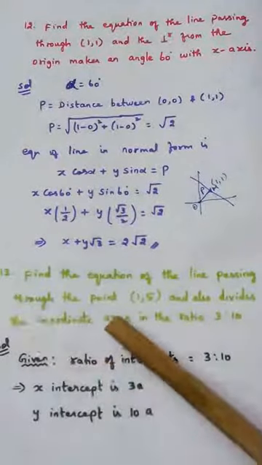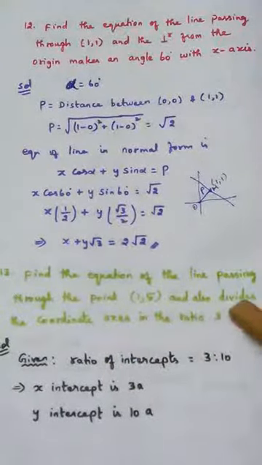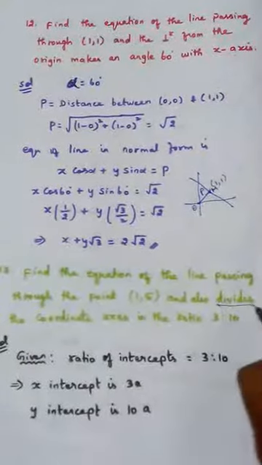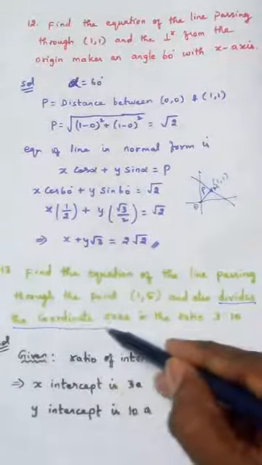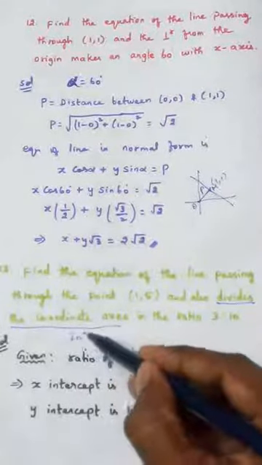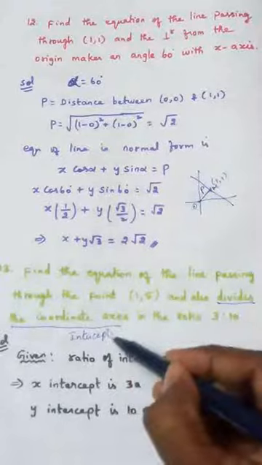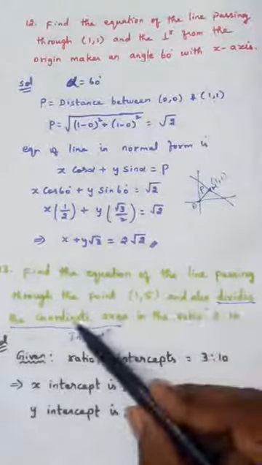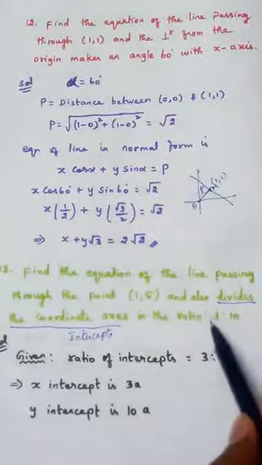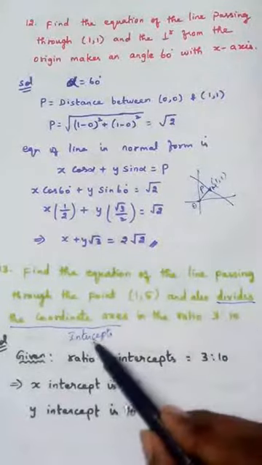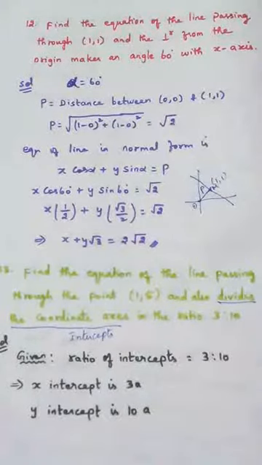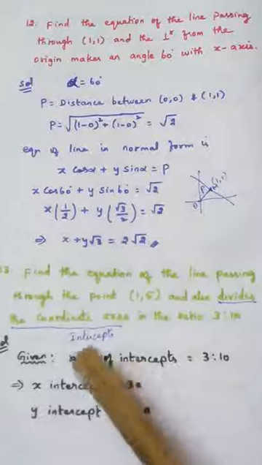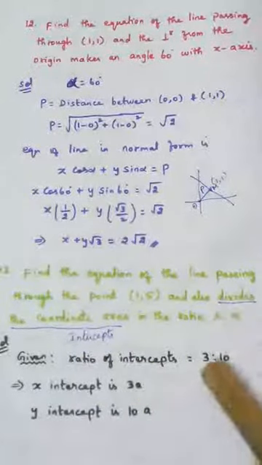This wording means the ratio of intercepts is given, because coordinate axes means the x-axis and y-axis. So the ratio of intercepts was given to us, and the ratio of intercepts is nothing but 3:10.